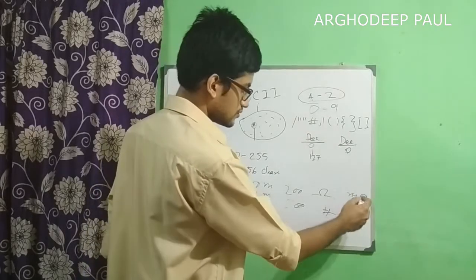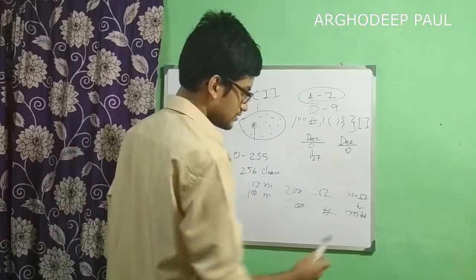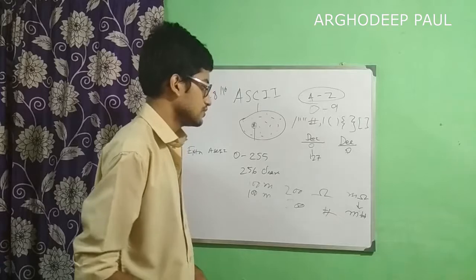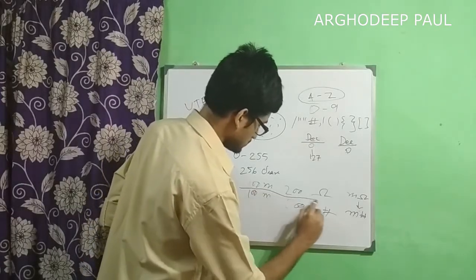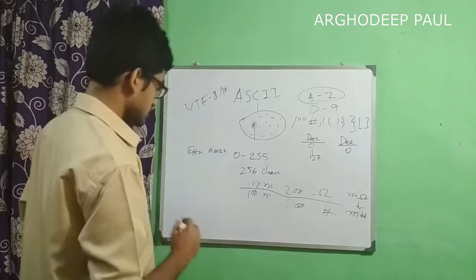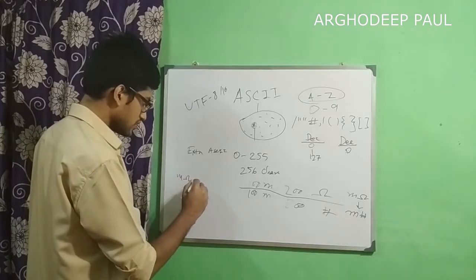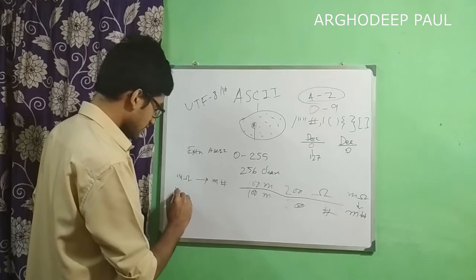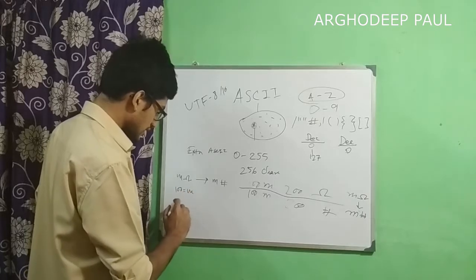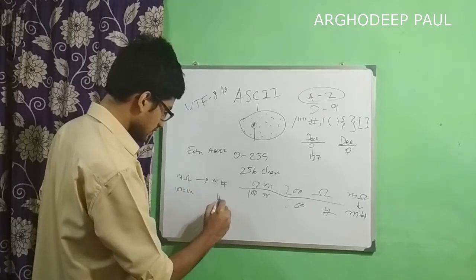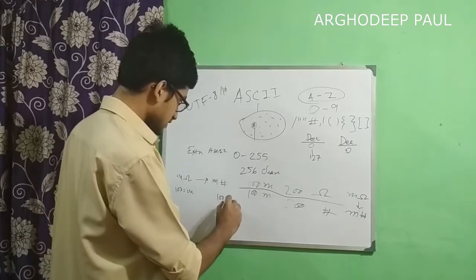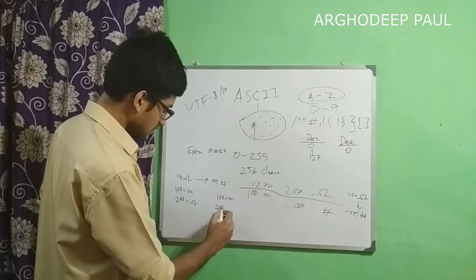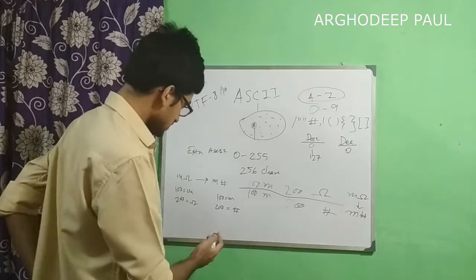So I will be sending them M omega and it will become M hash, because in my table I have 100 assigned to M, and in their table, for standard ASCII, this will be the same, and 200 I have assigned omega and they have assigned hash. So this is what happens.